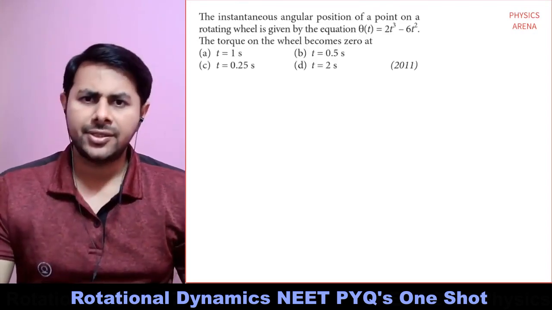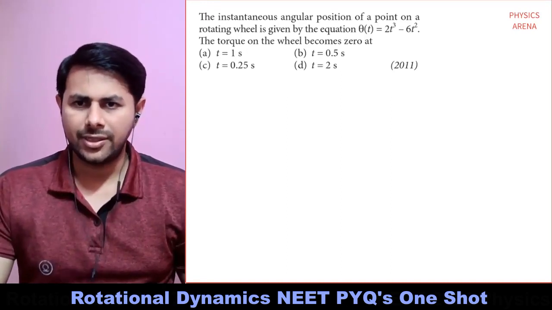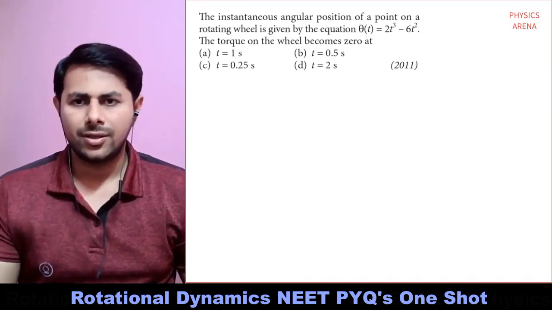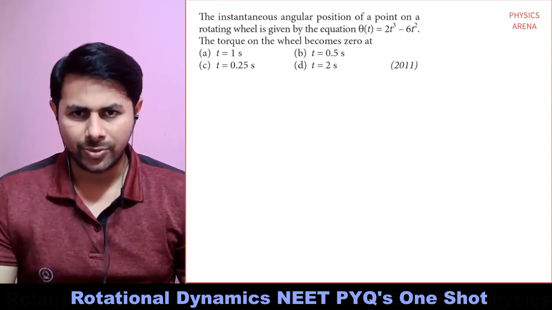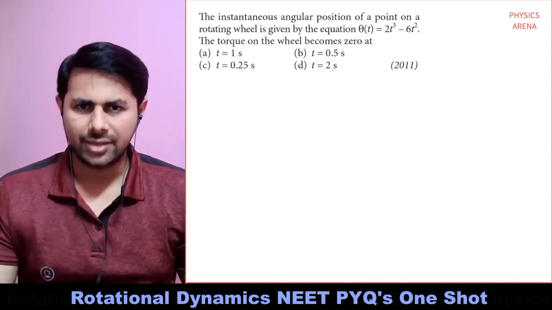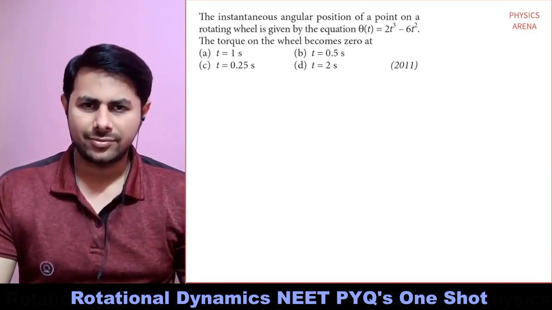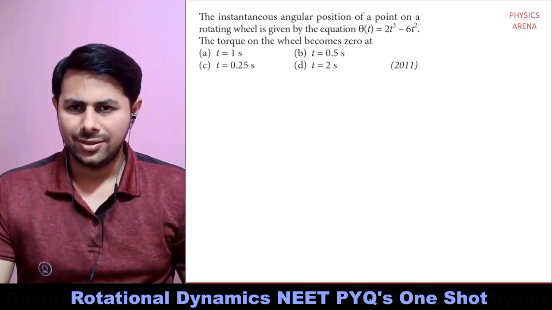The instantaneous angular position of a particle on a rotating wheel is given by this equation. The torque on the wheel becomes zero at, okay.